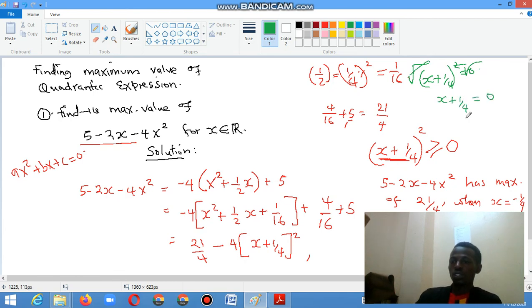And when the quarter goes to this side it will be negative, therefore we get x equaling negative a quarter. So as long as this quadratic expression has x equaling negative a quarter, it means that the maximum value will be at this point here.